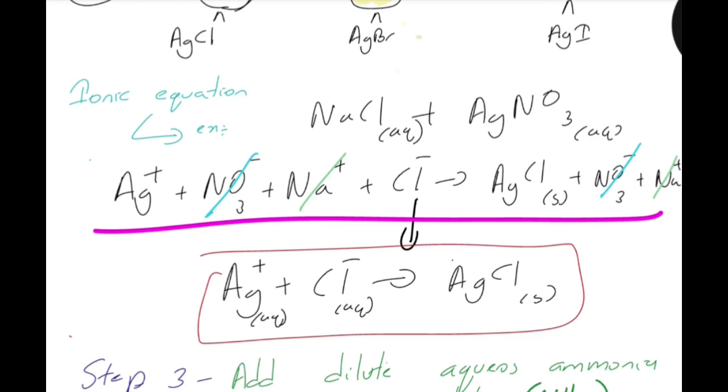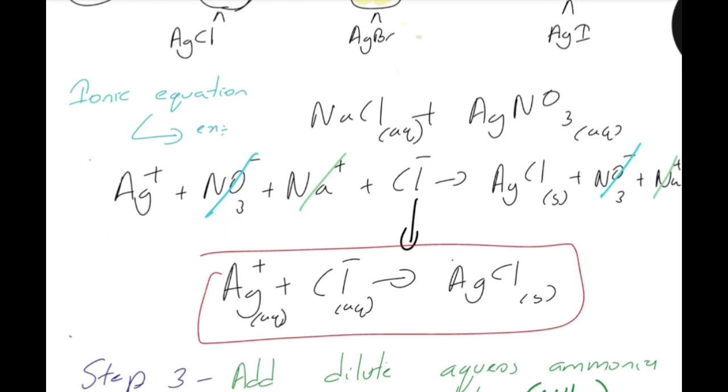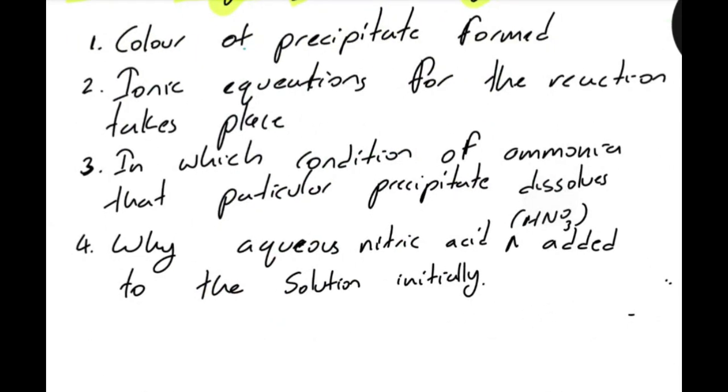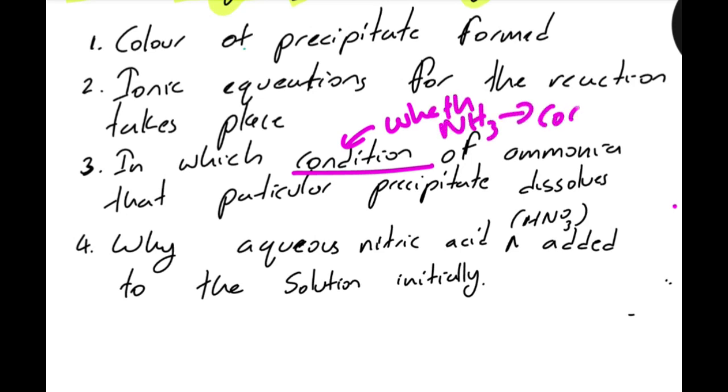Then you can answer this kind of question easily. In the third question: in which condition of ammonia does that particular precipitate dissolve? Here the condition means whether the NH3 is concentrated or dilute.